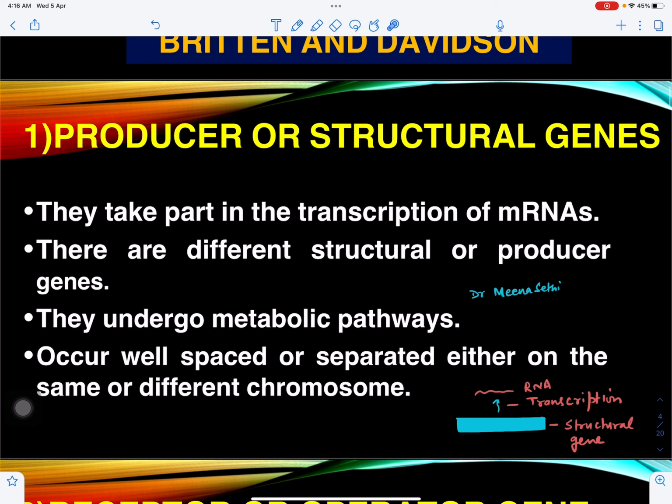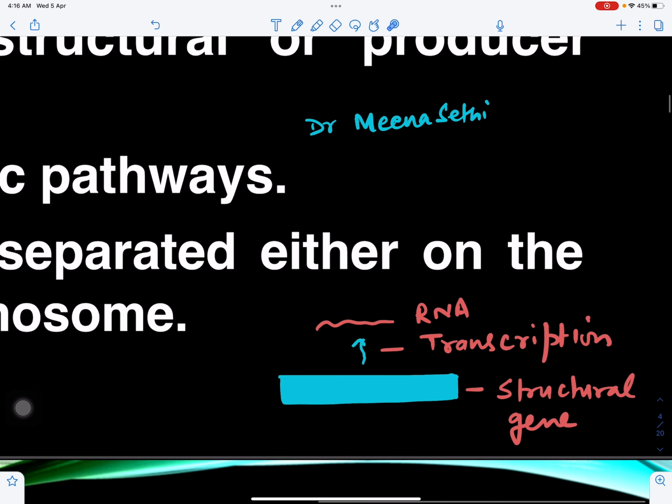Basically, these genes are involved in transcription activity. What is transcription? Formation of RNA from DNA is called transcription. These structural genes will be identified by RNA polymerase, and then they help in the formation of RNA. This RNA later will be converted into protein by the translation process, and genes will be expressed.